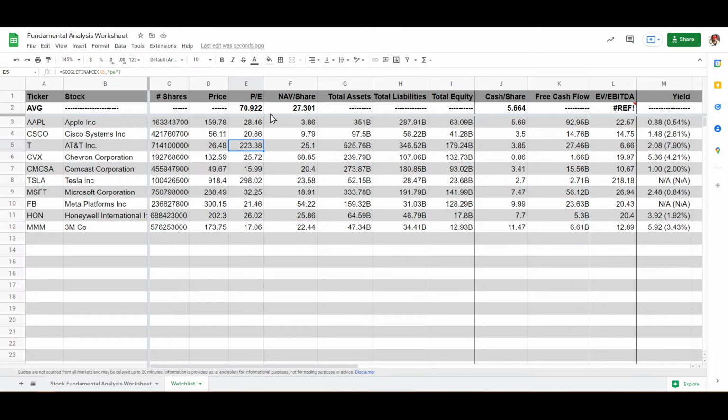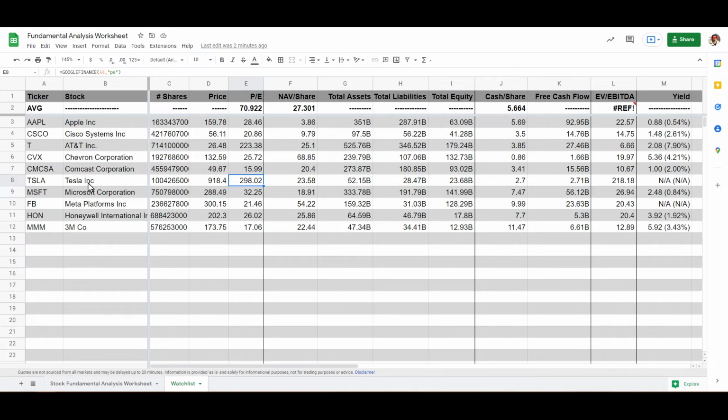Obviously, these 2 are dragging the average PE up really high, but if you eyeball it, 28, 20, 25, 15, 32, 21, 26, 17. So somewhere in the mid 20s would be a good average if you did not account for these 2. So maybe if you're looking only at PE, then maybe you say no to AT&T and to Tesla, right? Or maybe not, because PE doesn't always tell you the whole story.